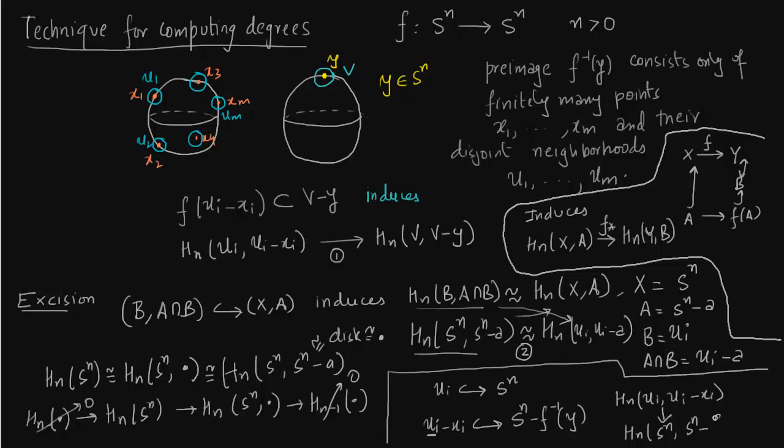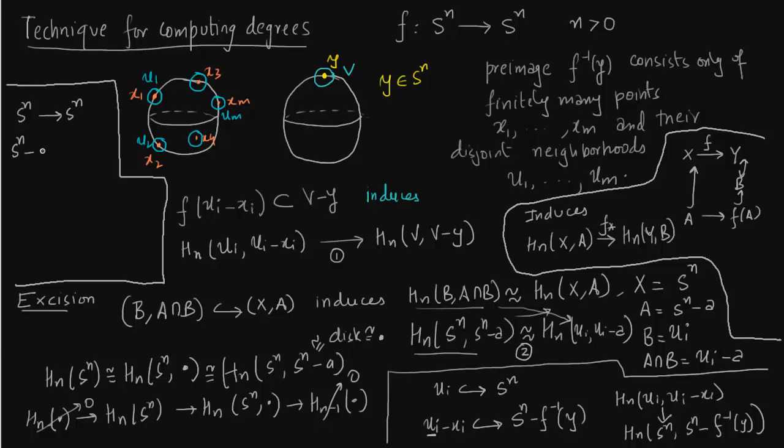This happens precisely because ui is just a neighborhood of xi. So it does not intersect with other neighborhoods of other points in f inverse of y. That is why you can say ui minus xi is included in Sn minus f inverse y, because ui is pretty small. If it would intersect with other neighborhoods, then we cannot say ui minus xi belongs to that.